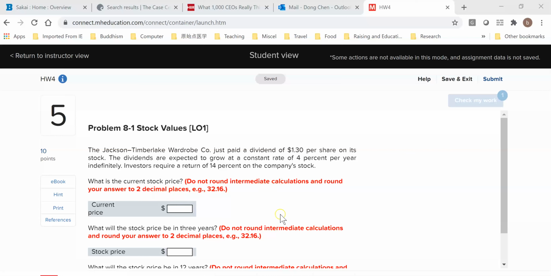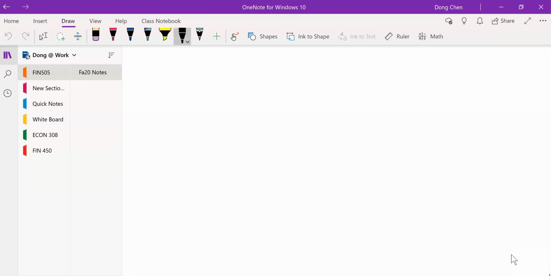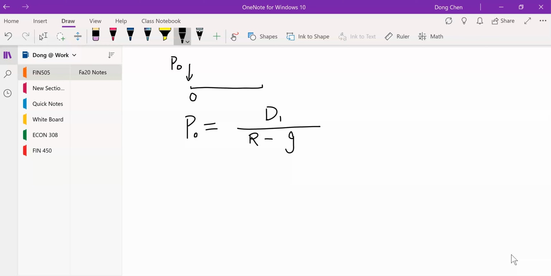So to get the current stock price, we know that the formula is simply that the price equals dividend 1, year 1, divided by the required return minus the growth rate of dividend. Notice here, let me put a 0 here just to denote that we are calculating the price at the current point, which is typically denoted by 0.